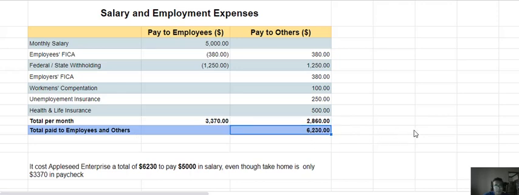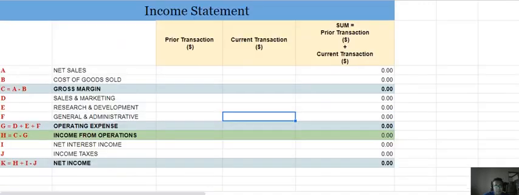Let's see what are the entries I need to make in three different financial statements for this transaction. Let's start with the income statement. Do I need to make any entry in this income statement? Answer is yes. Here you can see there is one item called general and administrative expenses.